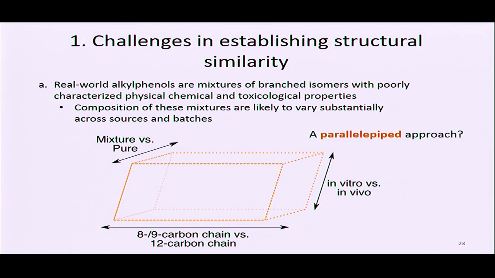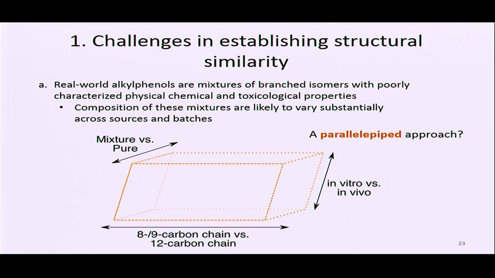So if you take nothing away from this, I hope that you take away a new geometry term. We talk a lot in my world of in vitro extrapolation about the parallelogram approach. What we really have here is something more high dimensional than that, a parallelepiped approach, where we're trying to extrapolate across whether you have a mixture, various mixtures, purified components, extrapolating across chain length, and then in vitro versus in vivo.